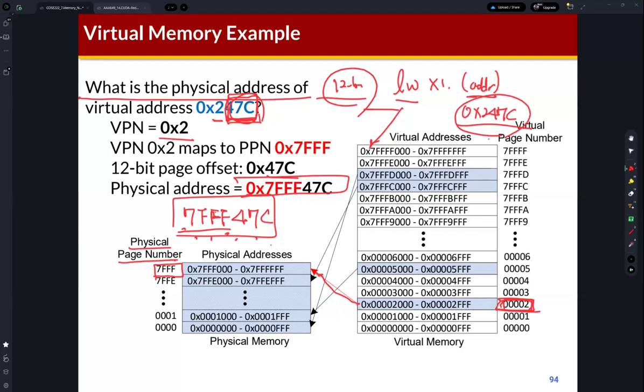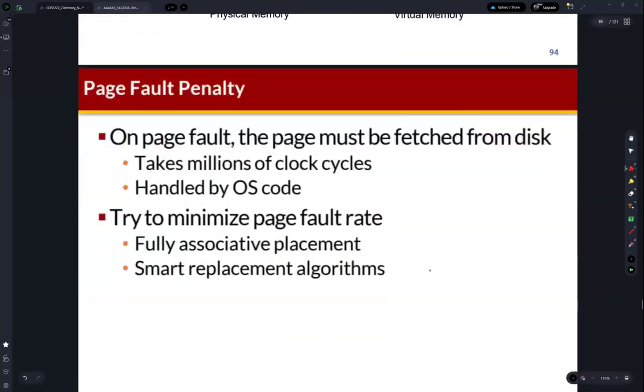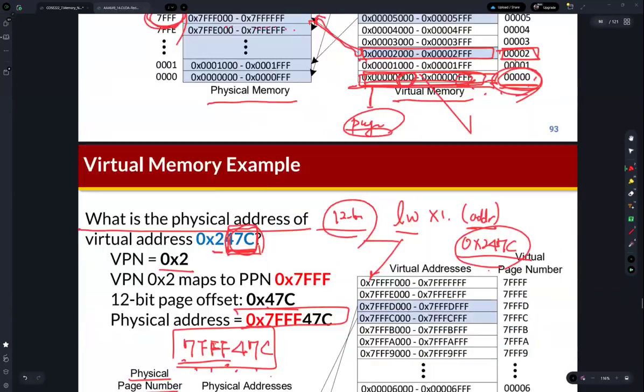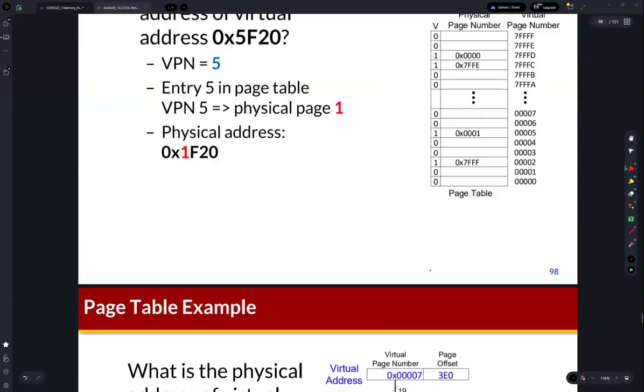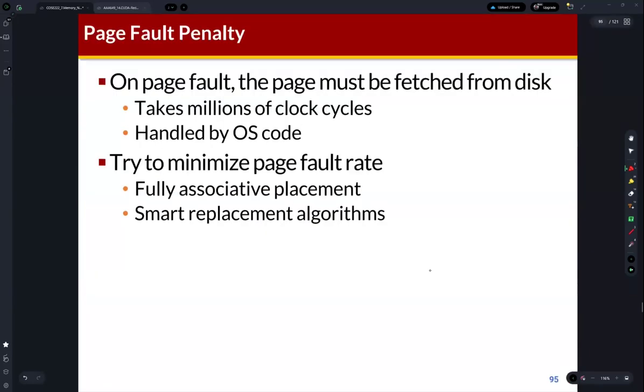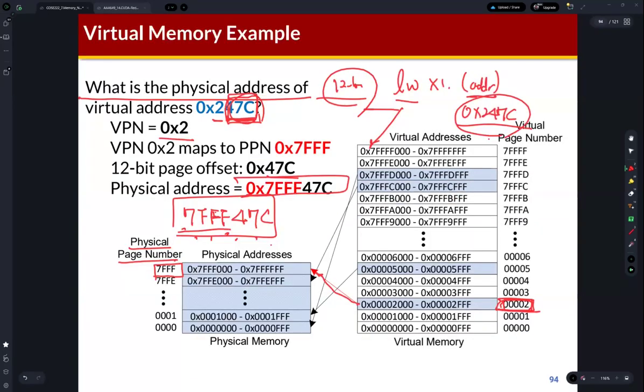So it needs to be translated. So this is the translation example.